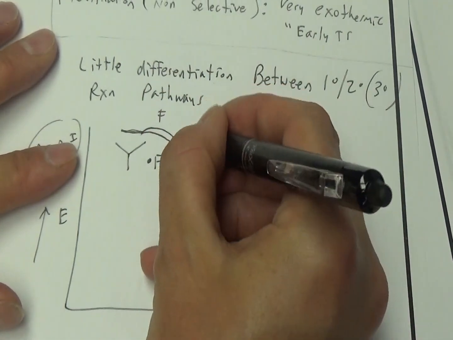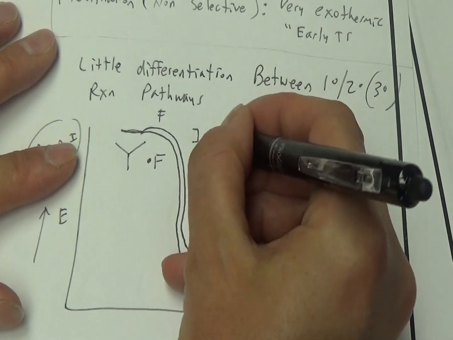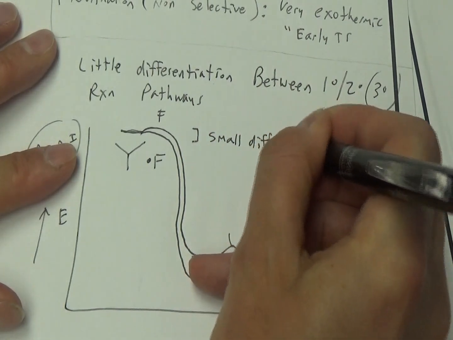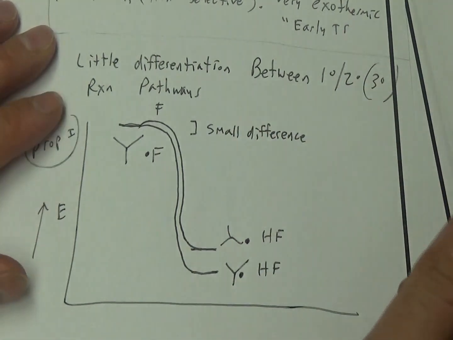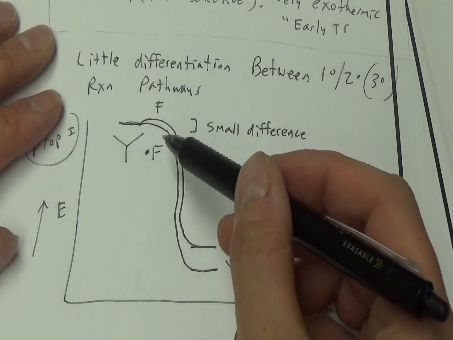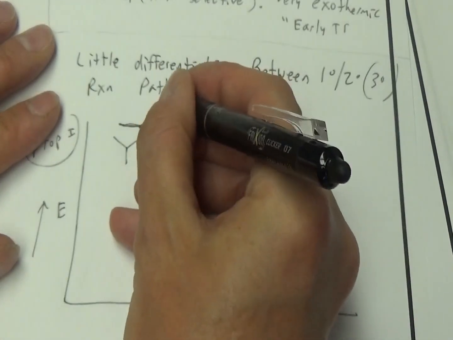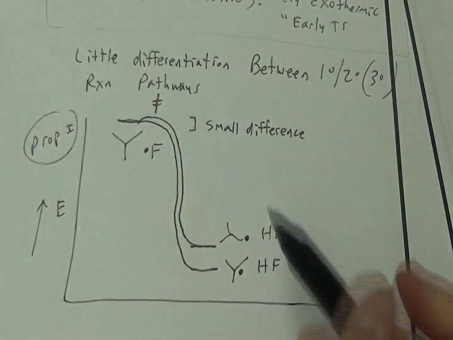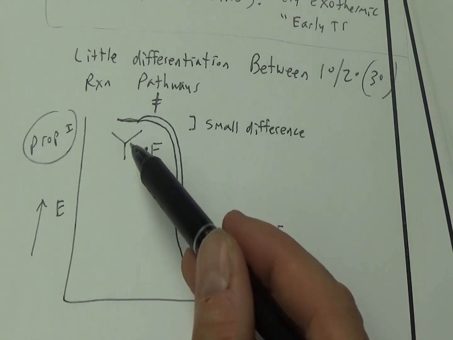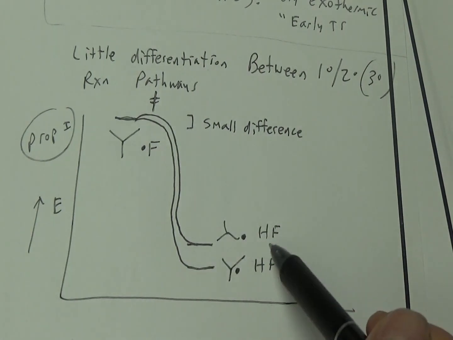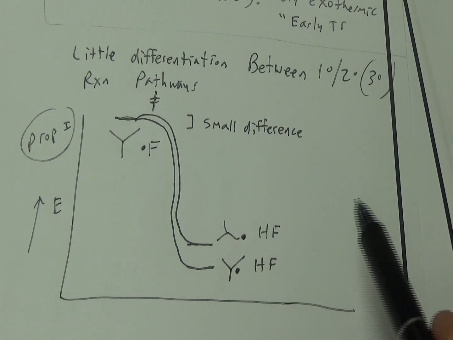It does not look like there's a big difference. Very small difference. So is it going to really care which pathway it goes down? Well, there's not much of a difference, so it's going to be mostly non-selective, and it's either going to rip off the tertiary or the primary in very equal amounts to give rise to these products down here, right?